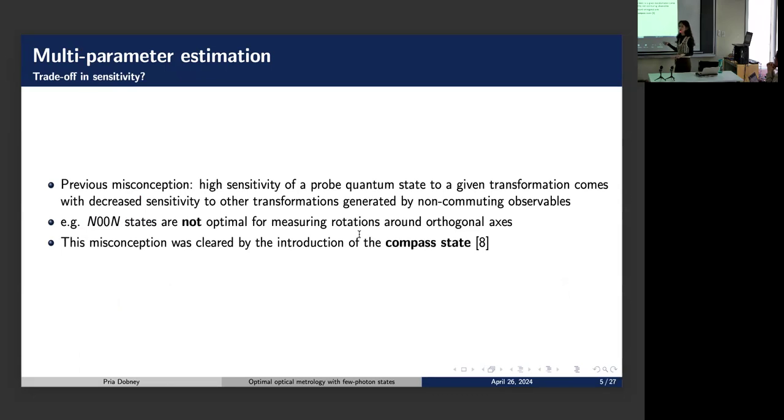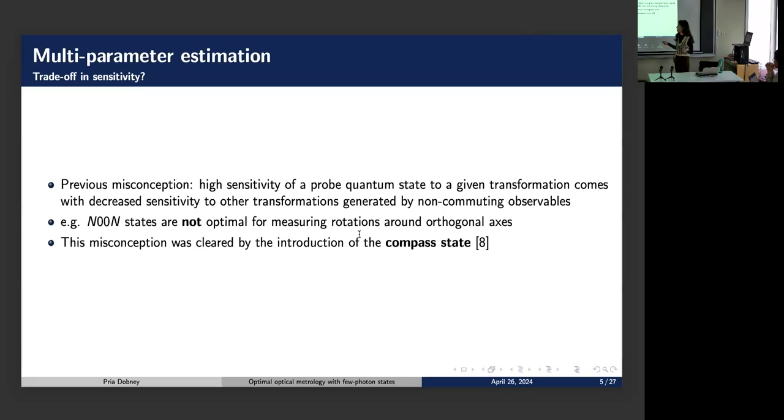For example, if you were to use the NOON state that I just showed you to measure a rotation around a particular axis, it will be optimal for just one axis, and will have zero sensitivity to rotations around the other axes.